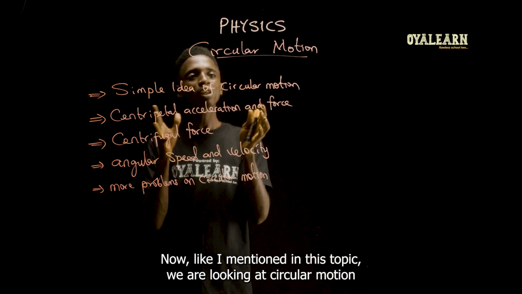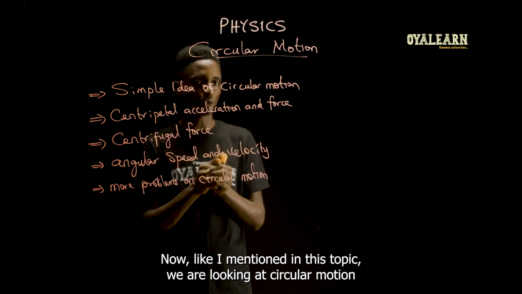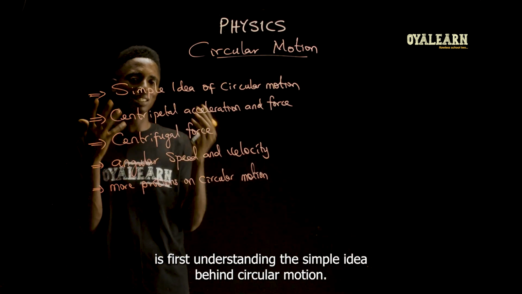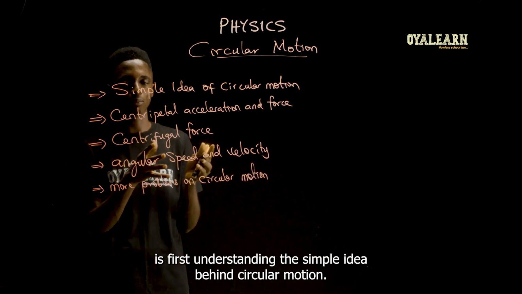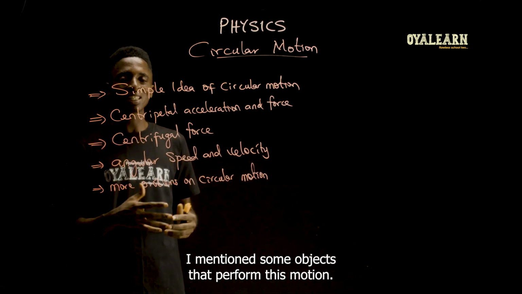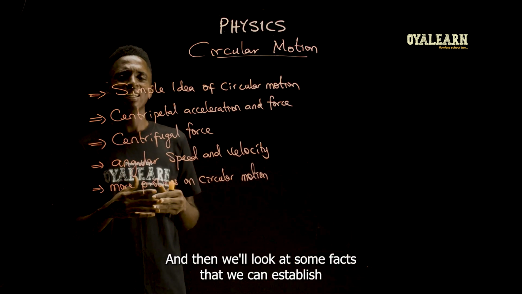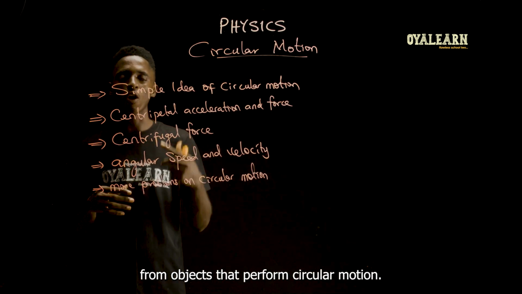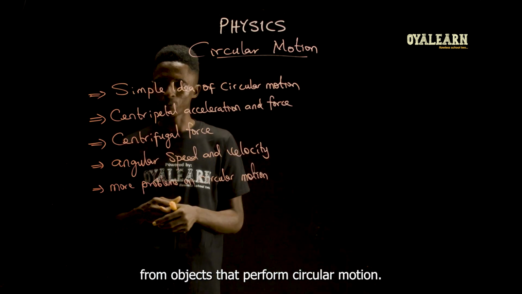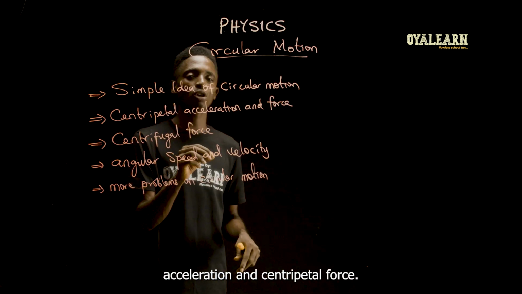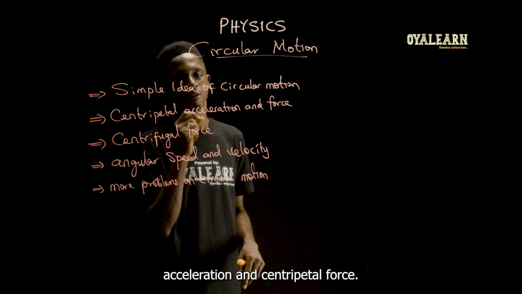Now, like I mentioned, in this topic we are looking at circular motion, and what we'll be looking at in more detail here is first understanding the simple idea behind circular motion. That is, what is circular motion? Mention some objects that perform this motion, and then we'll look at some facts that we can establish from objects that perform circular motion. Then secondly, we'll look at what is known as the centripetal acceleration and centripetal force.